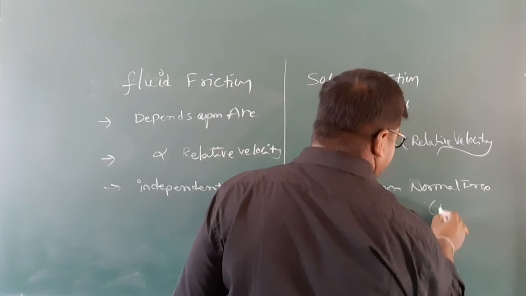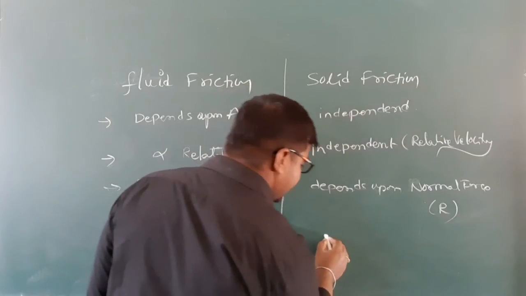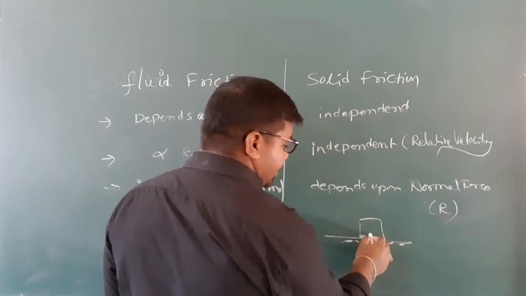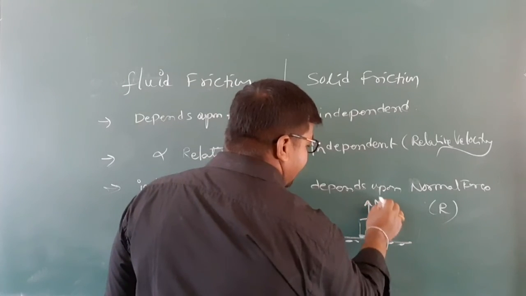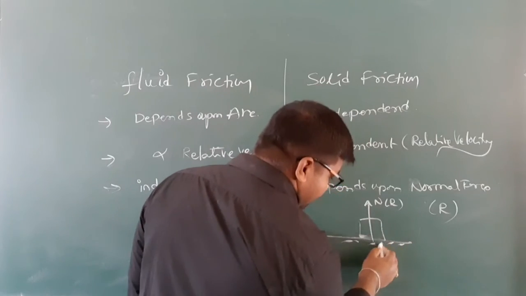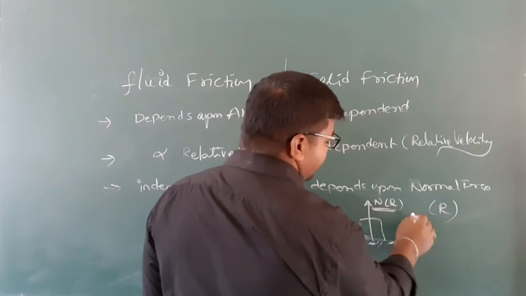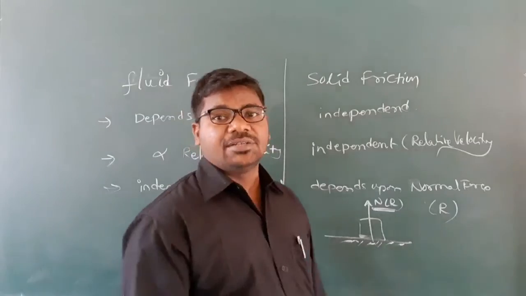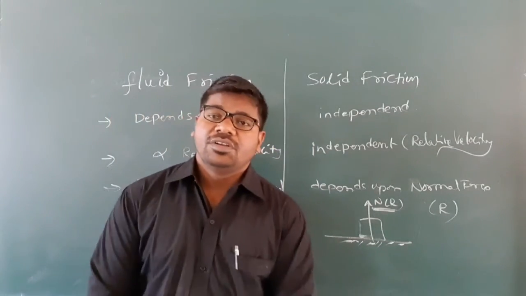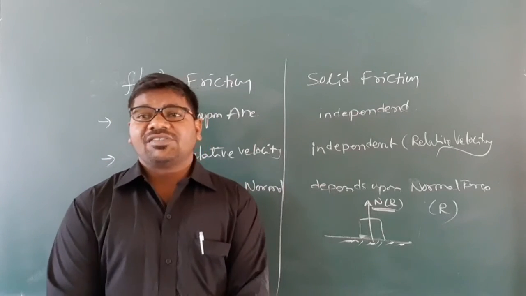Normal force is when a body is placed on another body, the normal reaction is acting. The force acting perpendicular to the surface is called normal force. So this is about the differences between solid friction and liquid friction.